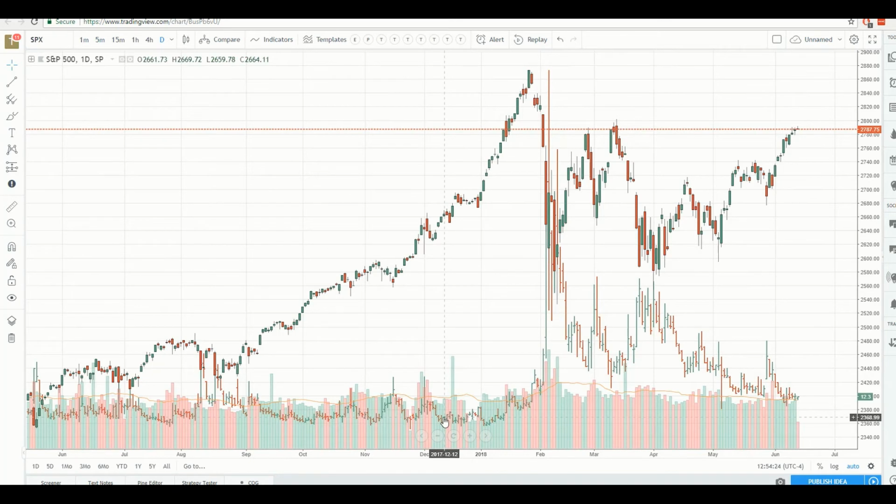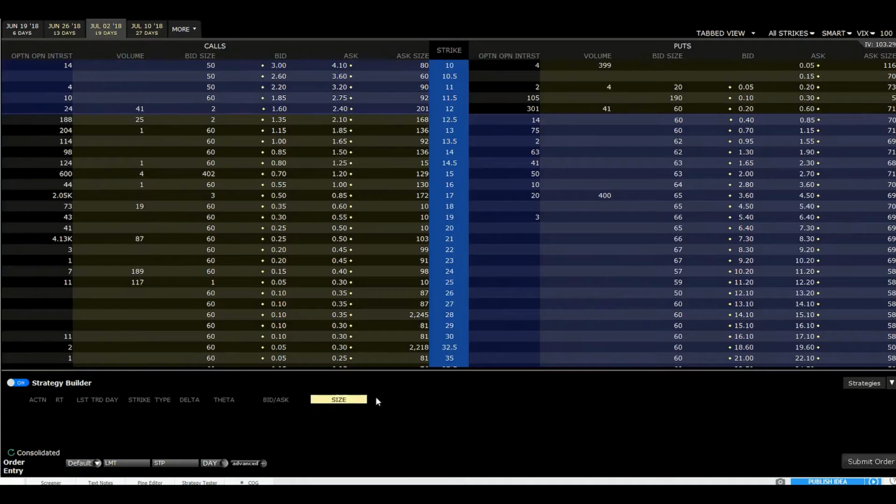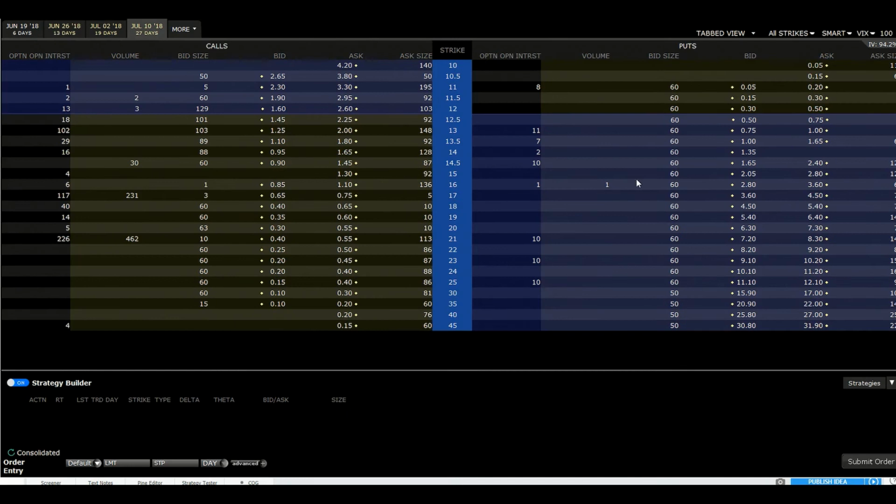Just in general, if you are not expecting a retrace or a huge move in volatility in the index, it can be a little trickier because it's really hard to pinpoint that. But let's go into Interactive Brokers here and I will show you the options chains right here. As you guys can see, these are the VIX options and this is how to take advantage of the VIX. You can buy calls or debit spreads to take advantage of it.